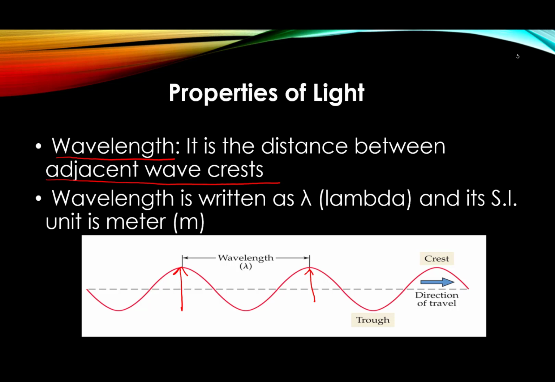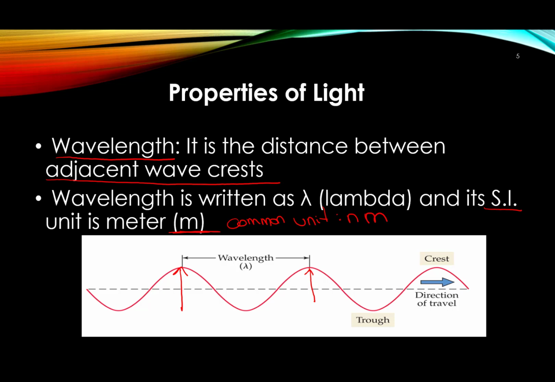The SI unit for wavelength is meter. But since wavelength is so small, the common unit is usually reported in nanometers. That's a common unit because it's so small, but the SI unit for it is meter. It's just length. What's the SI unit for length?